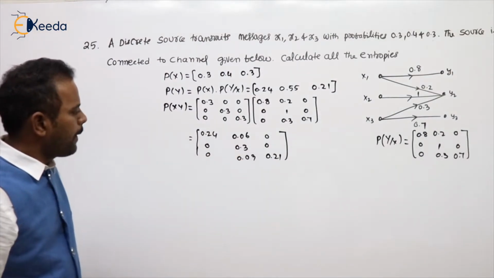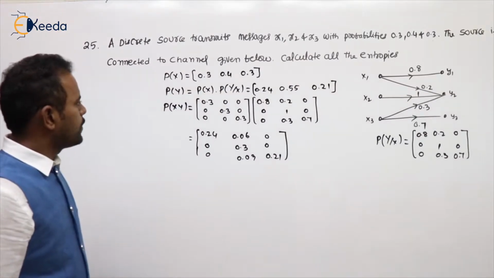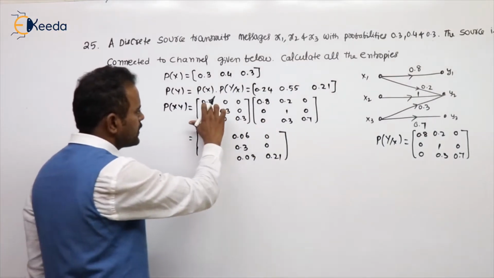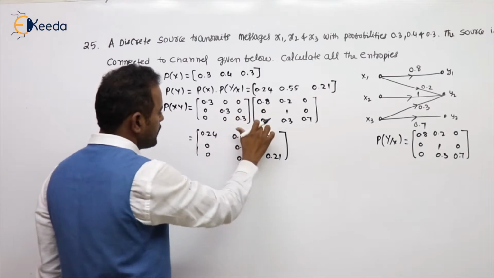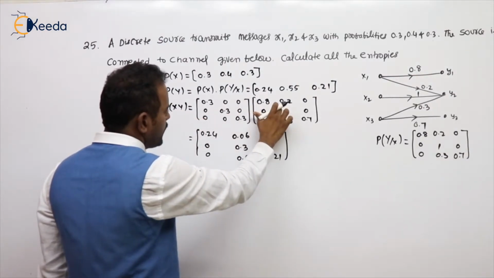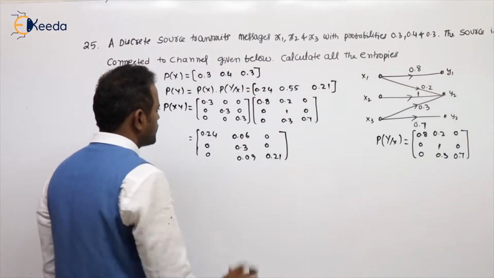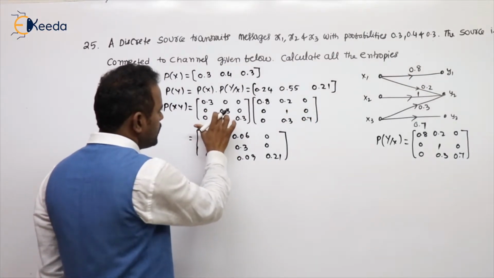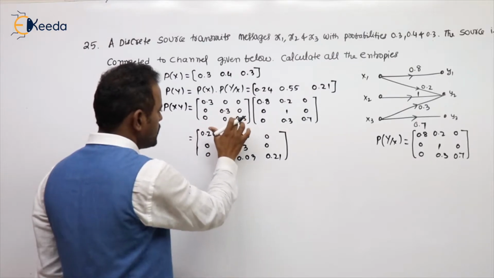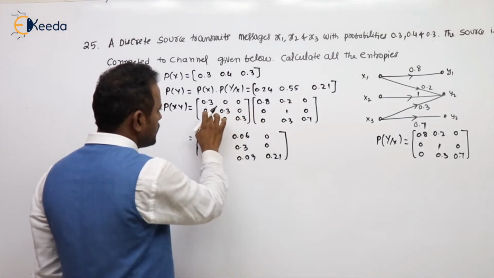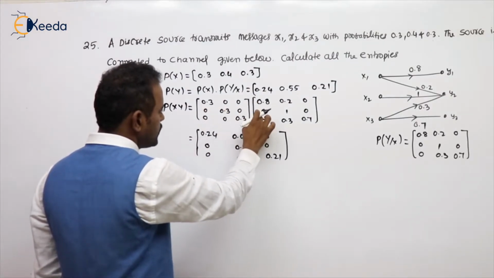Just a second. The total probability should be 1. Somewhere we are missing. This is 0.24, correct. Remaining are 0. 0.06, remaining are 0. Here 0, correct. Next this 0, this with this one 0, 0, 0.